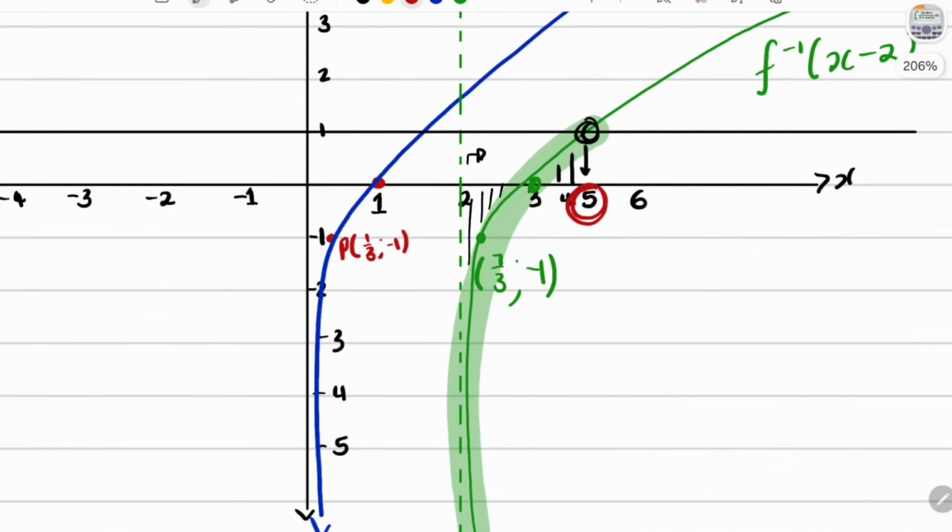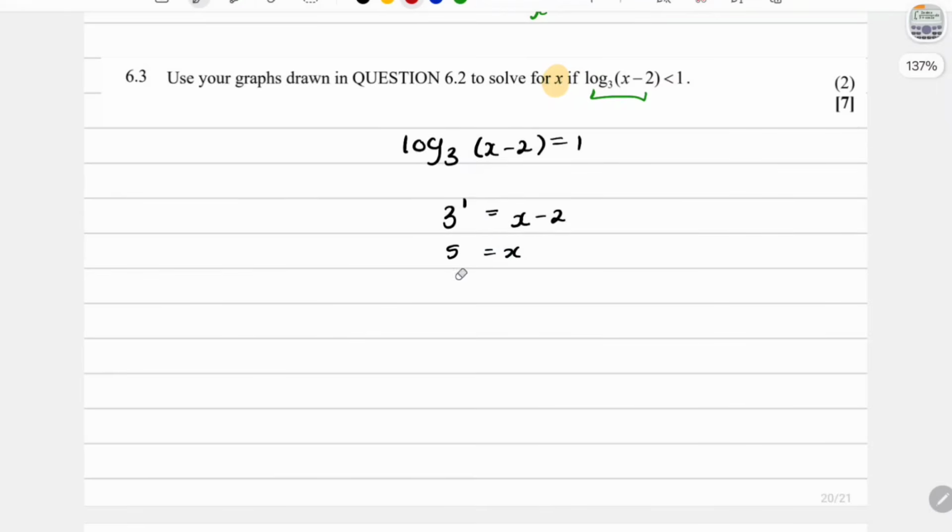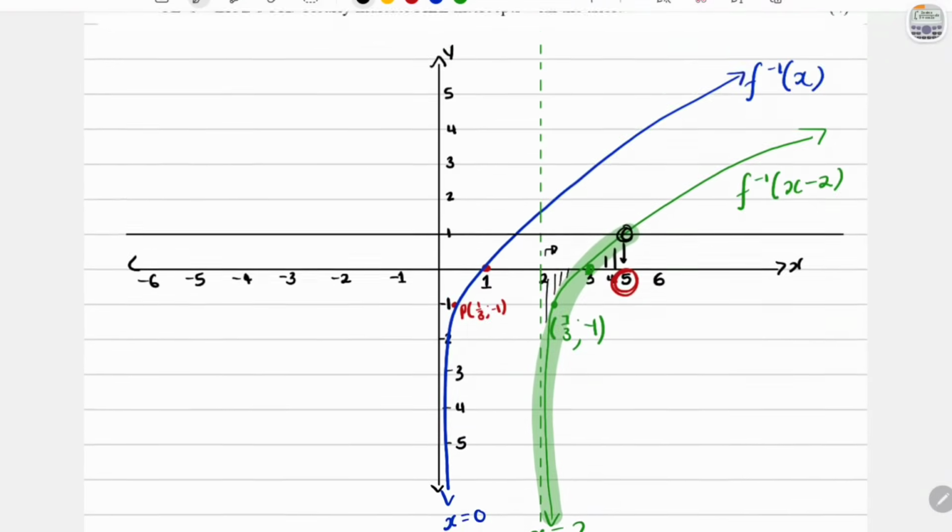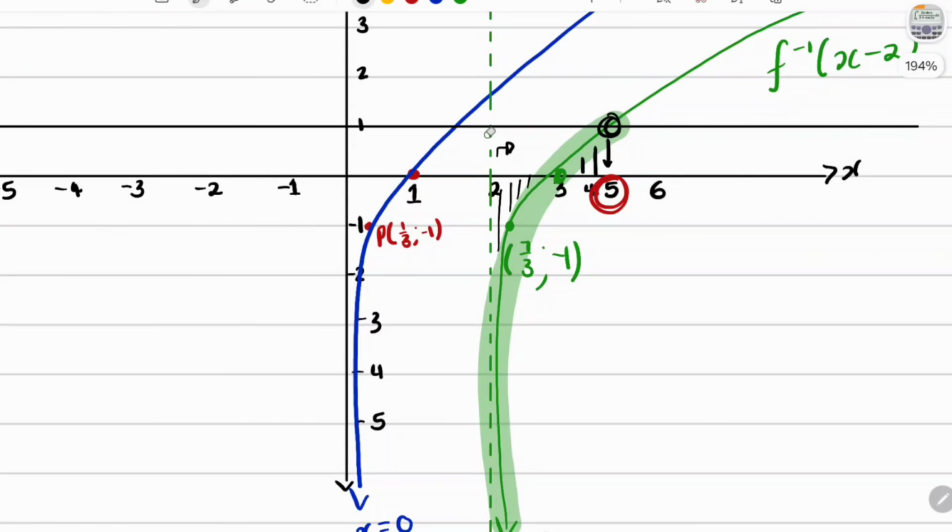But when we're looking at it in terms of x, these are values that are greater than 2 but less than 5, okay? So that's really the only calculation we needed to do here. So we're going to tell them this is where x is greater than 2 but less than 5.